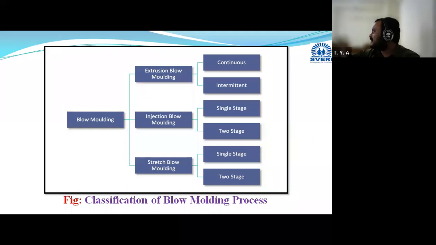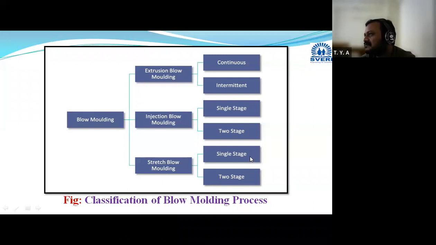Have you understood the difference between single stage and two-stage? Continuous is very similar to single stage. Continuous means all operations will be performed on a single machine. Intermittent means initial operations will be performed on one machine and a few operations will be performed on a second machine. On that basis, this classification is done.